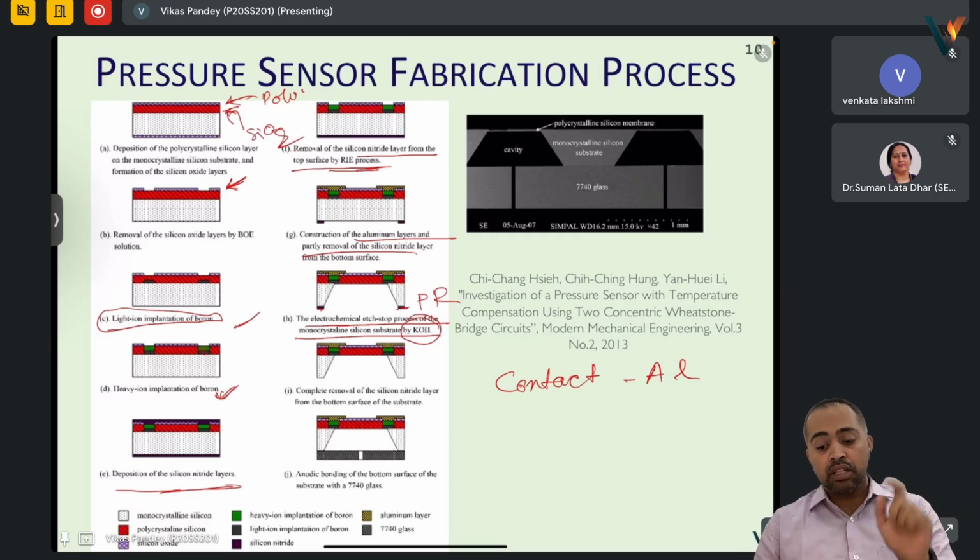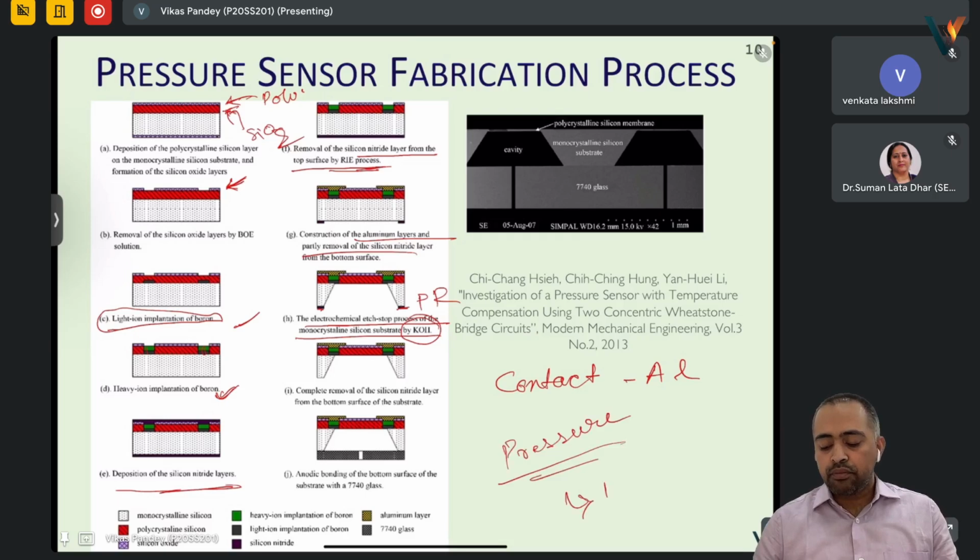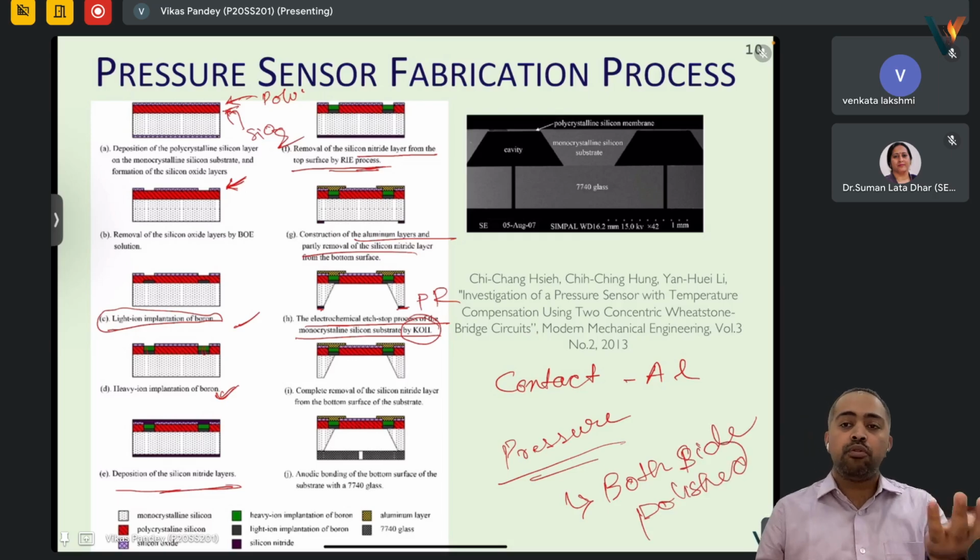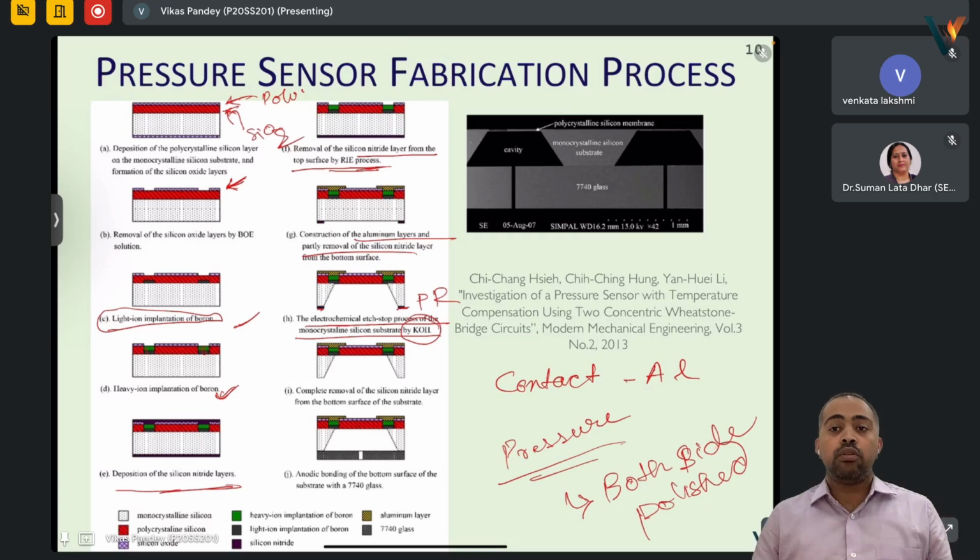But in this case specifically, if we are going for a pressure sensor, we have to get both side polished silicon. Reason being, we have to process on both the sides. Lithography will not be perfect if we are not doing it properly.